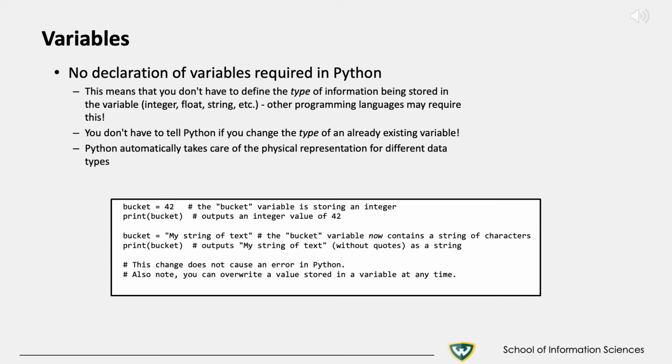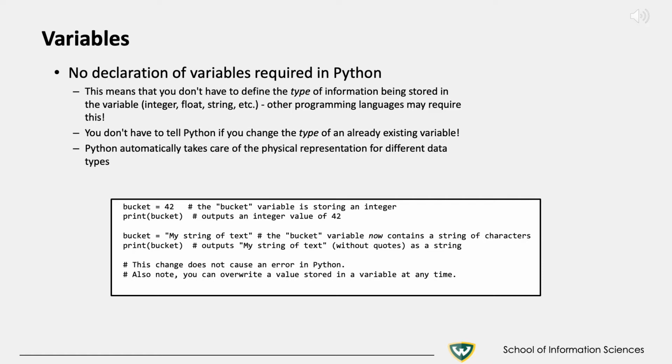The great thing about Python and some other languages is that Python specifically, you don't have to declare the variables in Python. What does this mean? If you've never heard a declaration of variables before, what in the world does that mean?